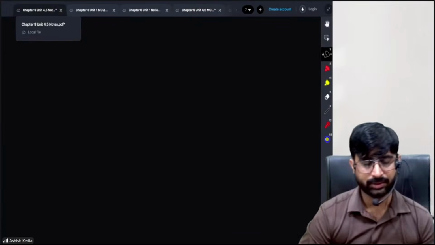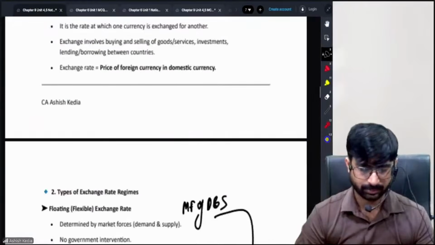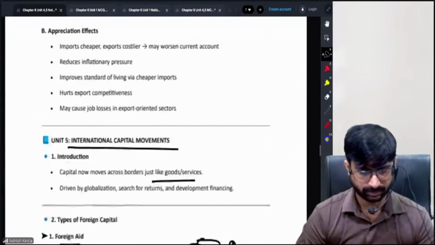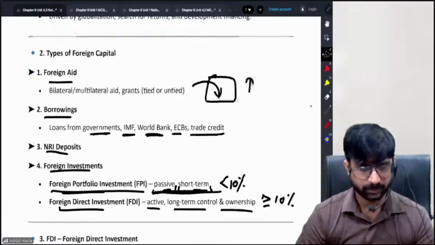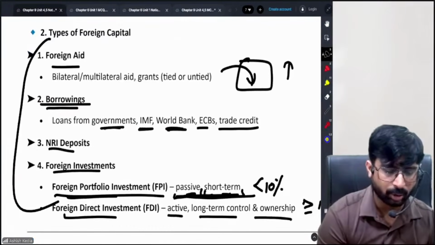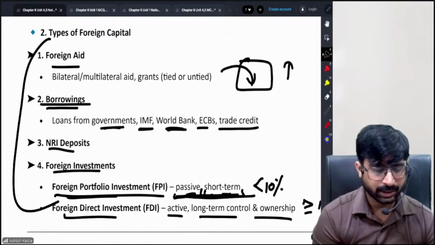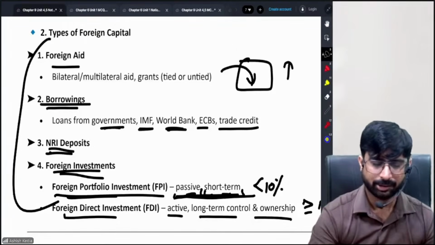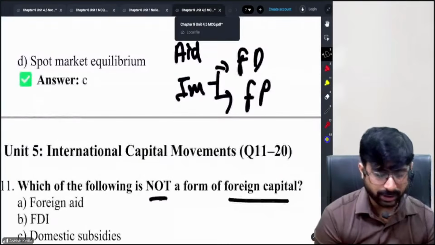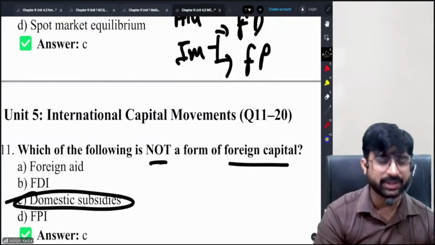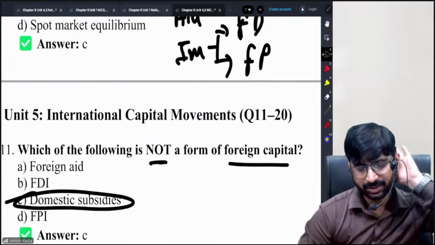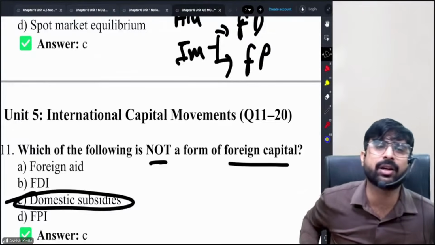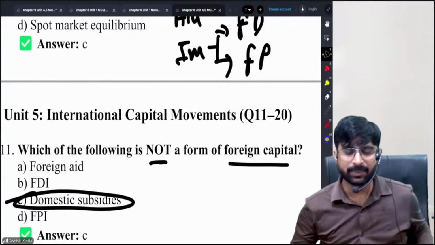It's there in the notes: foreign aid, borrowings by the governments, NRI deposits, and foreign investments. So if you look carefully, class, there is domestic subsidies here. So domestic subsidies is the odd one out. Foreign aid, FDI, FPI are from foreign. Only subsidy is domestic.